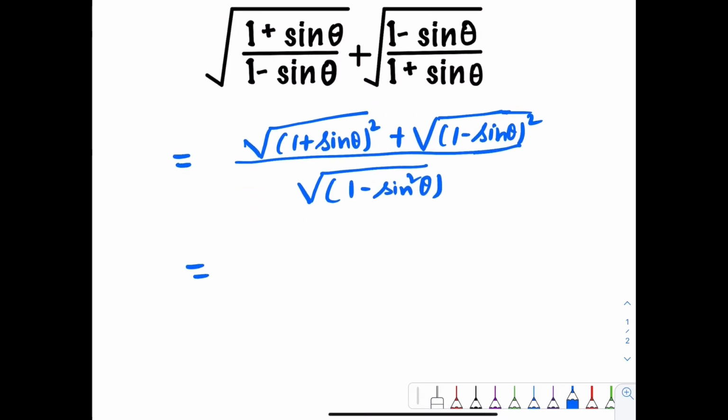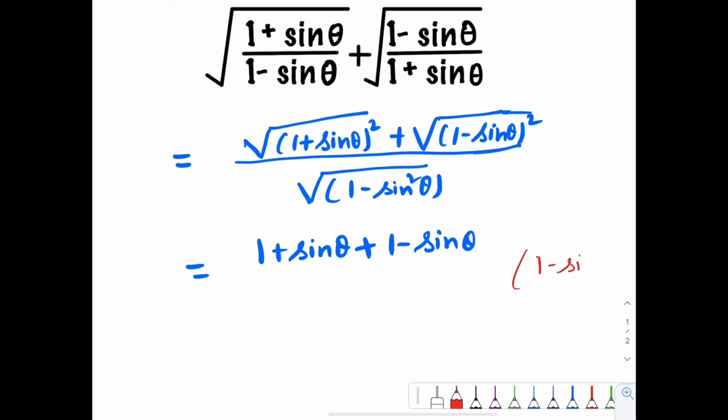And this is equal to 1 plus sine theta plus 1 minus sine theta, and we know that 1 minus sine square theta is equal to cos square theta.